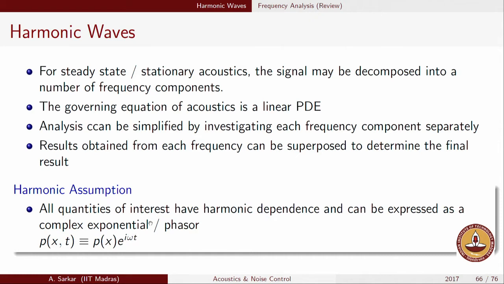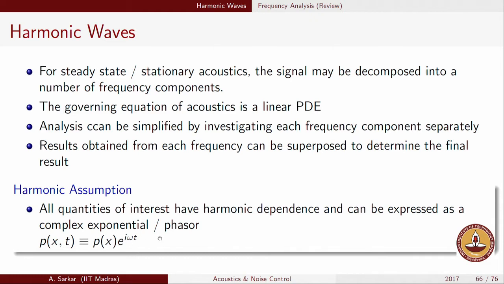So, from here on we will say that, for example, our acoustic pressure quantity, which we understand was a variable dependent on 2 independent arguments, namely x and t, will no longer have arbitrary time dependence. The time dependence will be frozen to be that of complex exponential kind, such that we have only a single frequency or a simple harmonic solution for p(x).